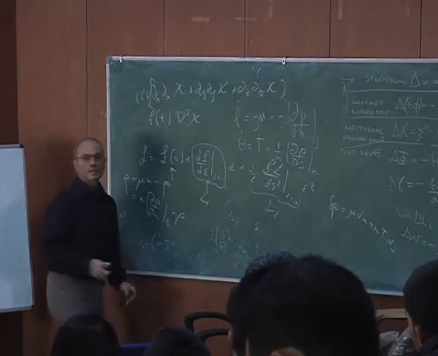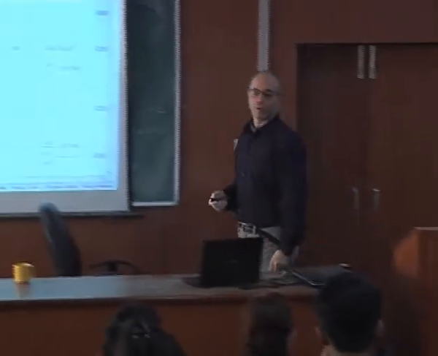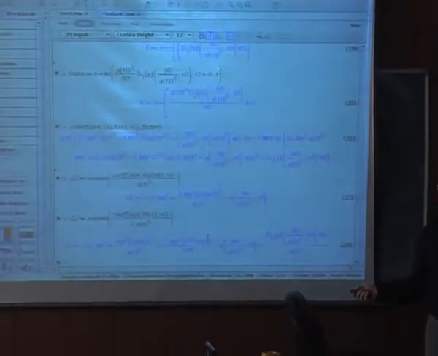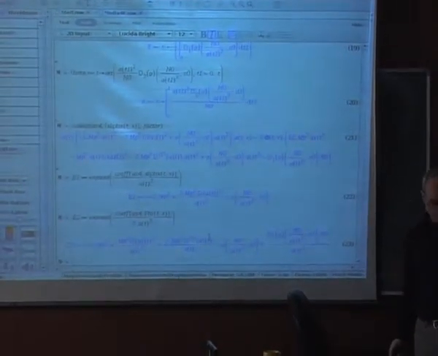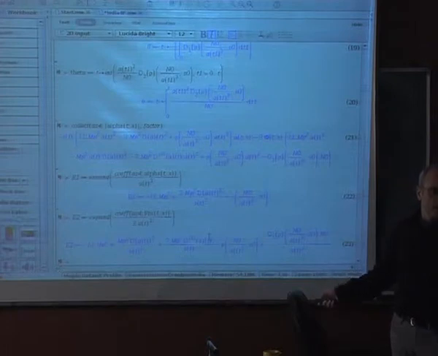That's the pressure. Once we have the fluid, which is a function of n and s, this object here is the pressure. And this will be the pressure of the cosmological constant, which is negative, equal to minus rho.